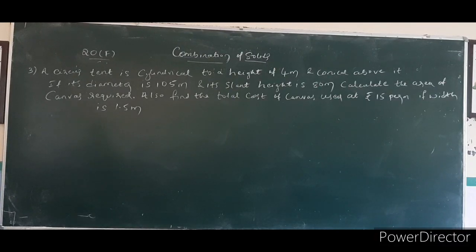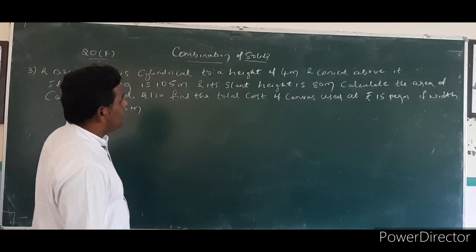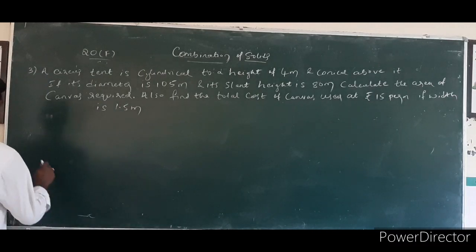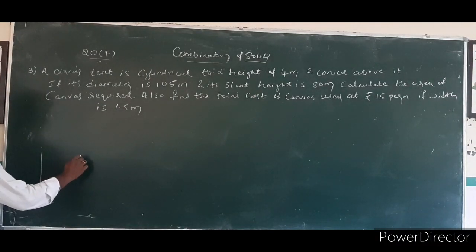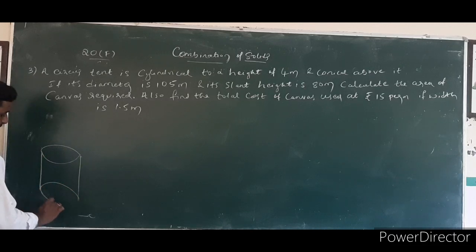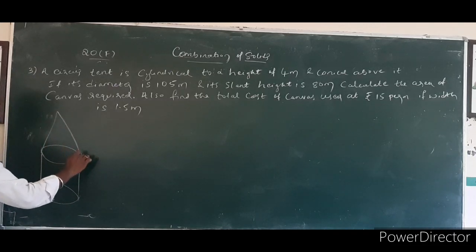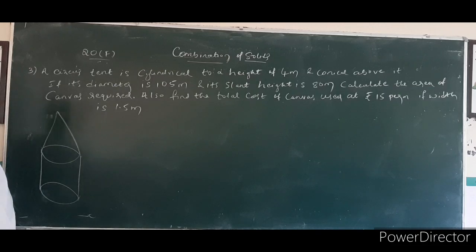Next, third problem. A circus tent is cylindrical to a height of 4 meter and conical above it. So the circus tent is given as cylindrical with a conical part above it. In that one, what is given? The height of the cylindrical part is given as 4 meter.